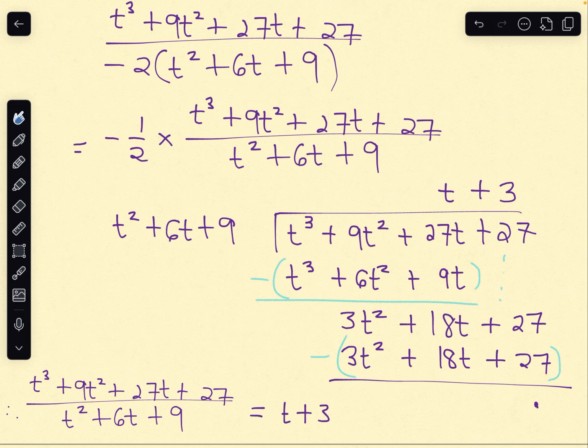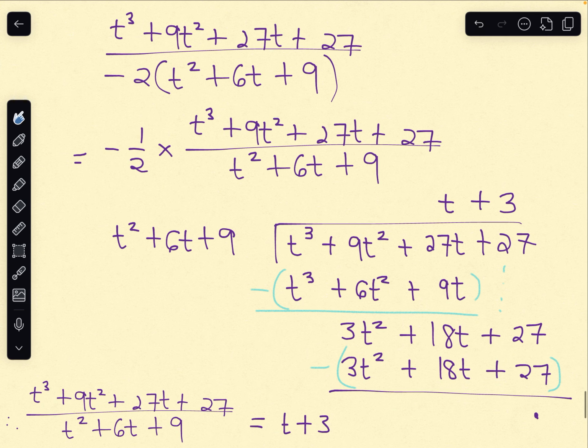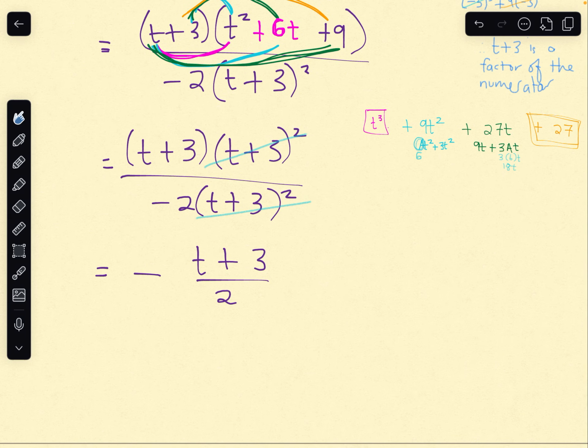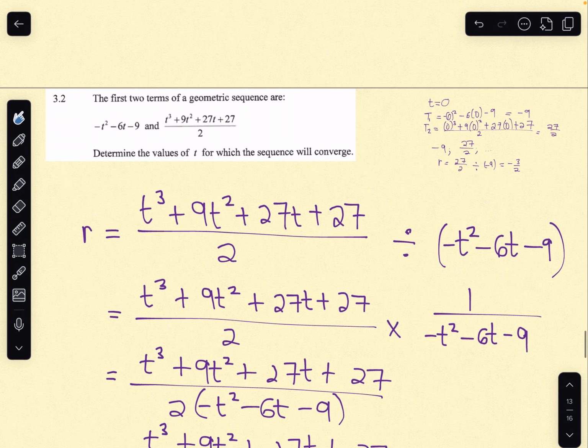So that's another way that you could have simplified it. So now you would have known that this is the same as t plus 3, so t plus 3 times minus a half gives me minus t plus 3 over 2, which is what we got here, right? Anyway, so we now know the r of this geometric sequence.